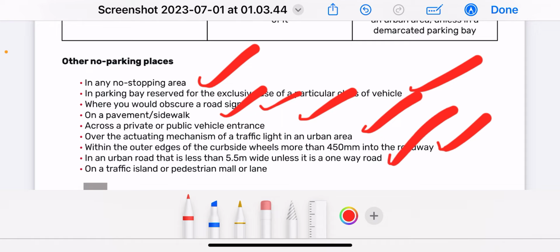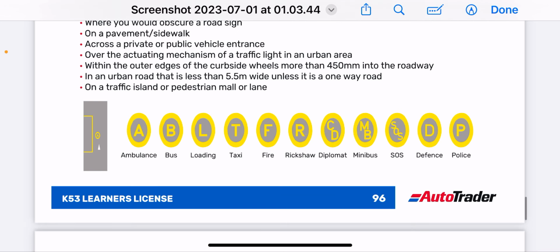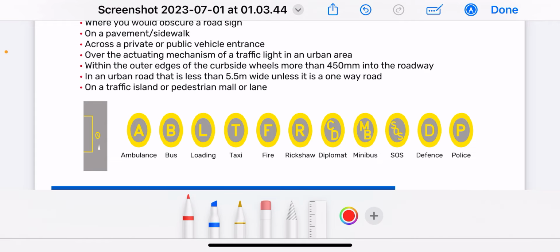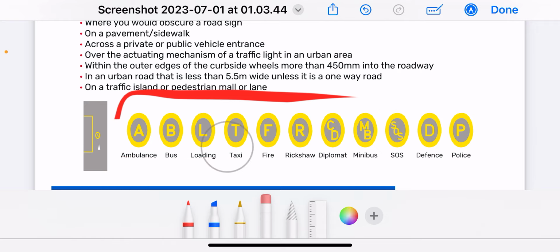You do not park on a traffic island or pedestrian mall lane. That's it. Then moving on to exclusive vehicles. So this is what rule number 2 said there. You cannot park in a parking bay that is reserved for exclusive vehicles. These are exclusive. Okay.